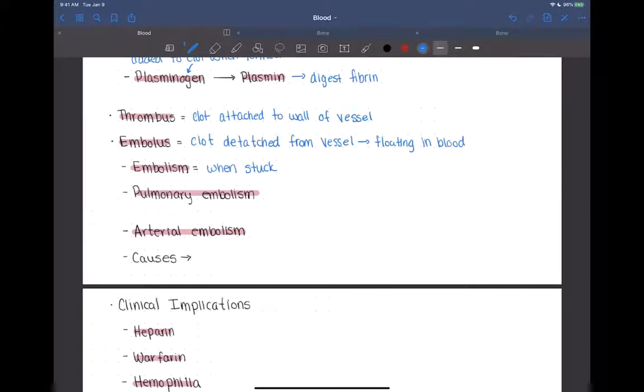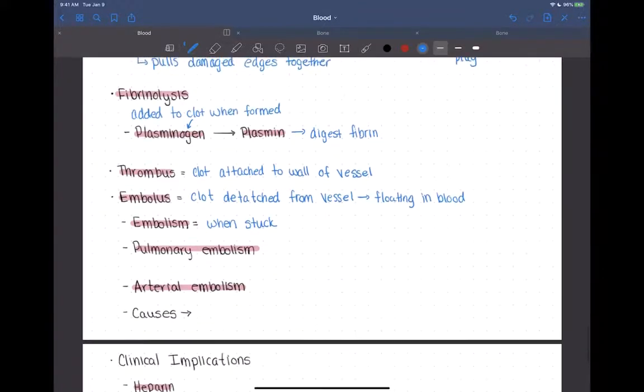Okay, and so you can have pulmonary embolisms, and you can have arterial embolisms, okay? And so a pulmonary embolism, and this will make a little more sense when we go through the circulation of the heart, all right? So just keep this in mind when we do this, but a pulmonary embolism is going to form in veins, okay? So it's going to form in a vein because venous blood is being returned to the heart, all right?